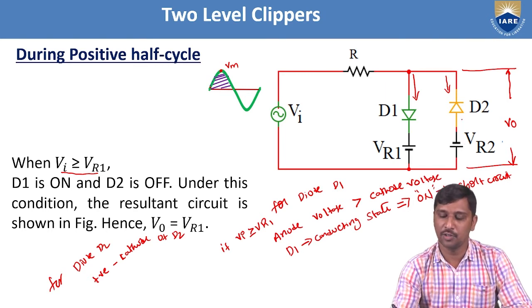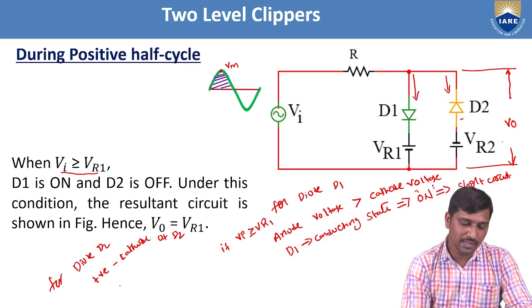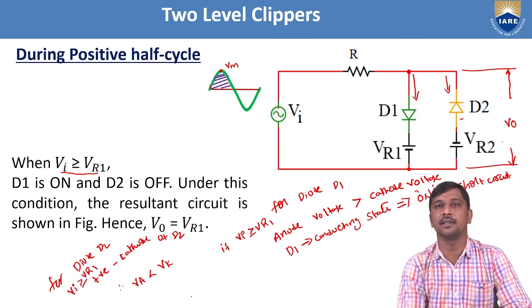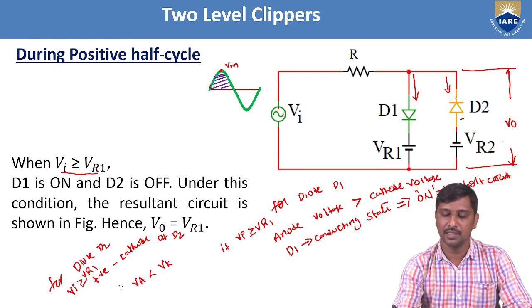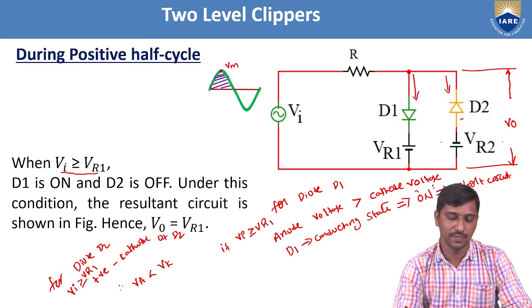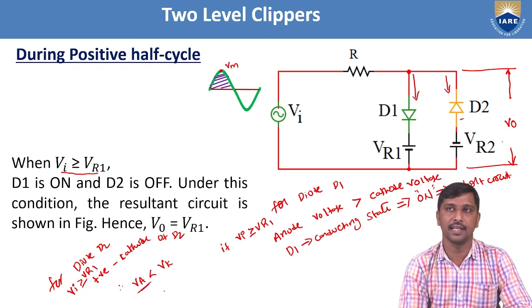At this D2 point, the negative magnitude is passing through the anode of D2, but the positive magnitude is passing through the cathode of D2. Hence, what happens at this point? The anode voltage is less than the cathode voltage under this condition, when Vi is greater than or equal to VR1. That is the reason more positive voltage is passing through the cathode of D2 compared with the anode of D2. That is the reason it satisfies this relation.